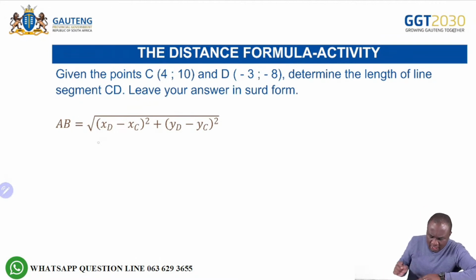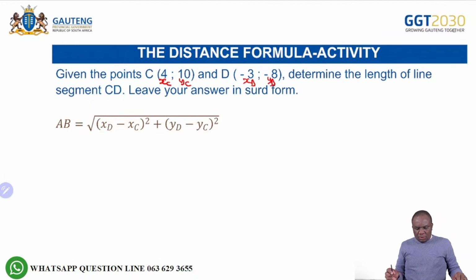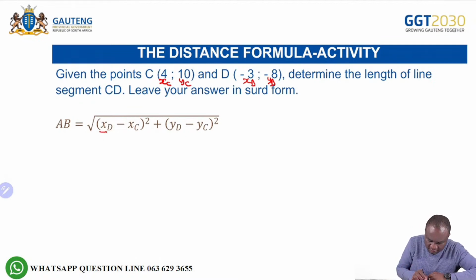Right, now like I said, I'll just write first here. This is xc, this is yc, this is xd, this is yd. Okay, now I'll do the substitution. Where there's xd, we put -3. Where there's xc, we put 4.